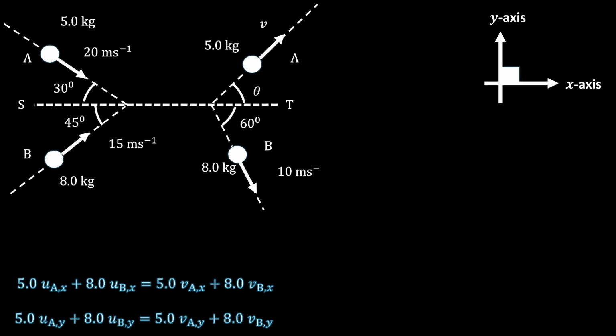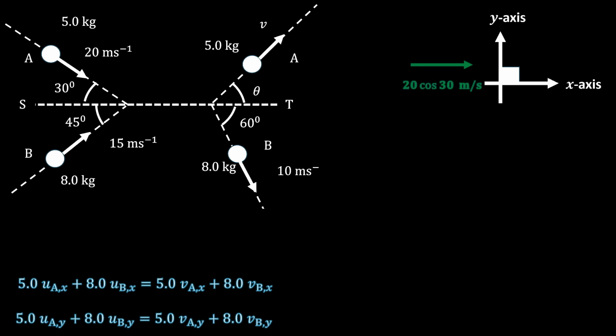Now we need to resolve all velocities, initial and final, along the x-axis and the y-axis. Let us start with the initial velocities. For particle A, we have 20 cos 30 meter per second along the x-axis, and we have 20 sine 30 meter per second along the y-axis.